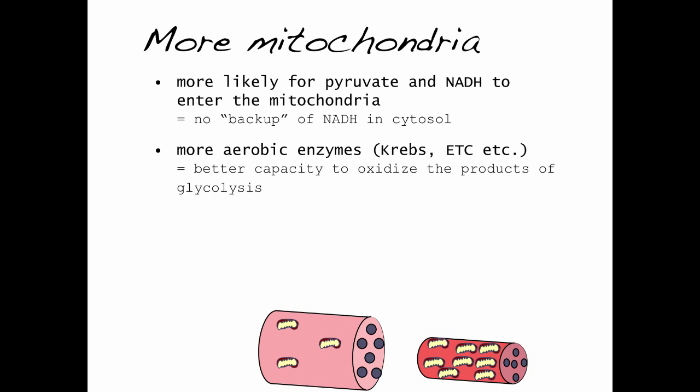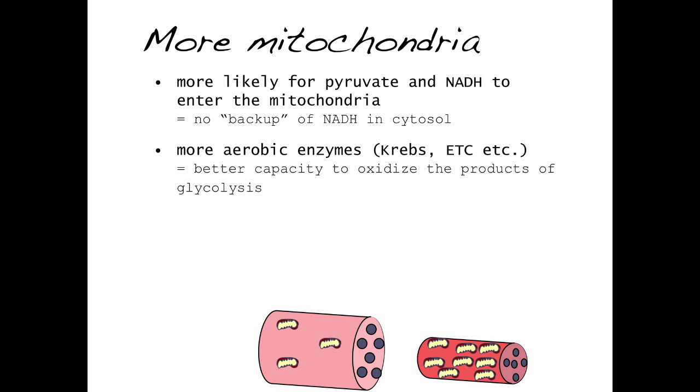Secondly, if there's more mitochondria within a muscle cell, there's more aerobic enzymes, and therefore more Krebs cycle enzymes and more proteins from the electron transport chain. This means that there's a better capacity to oxidize the products of glycolysis.